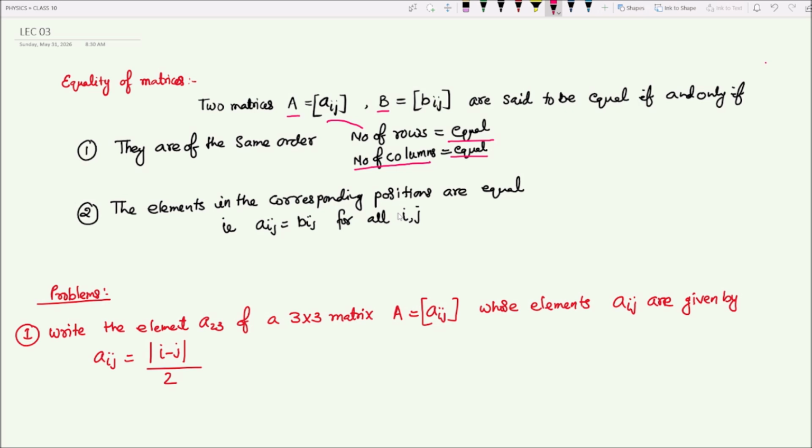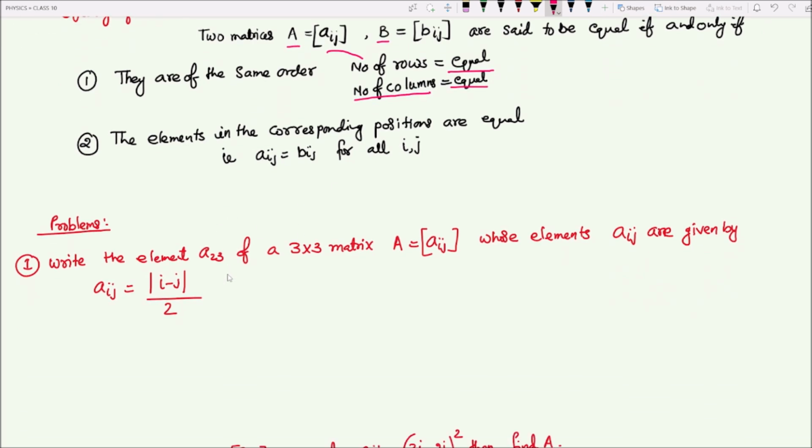Now we will start to solve some problems related to matrices. The first problem is to write the element A23 of a 3 into 3 matrix A, denoted by aij, whose elements are given by aij equal to mod of i minus j, divided by 2. So we have to find A23.